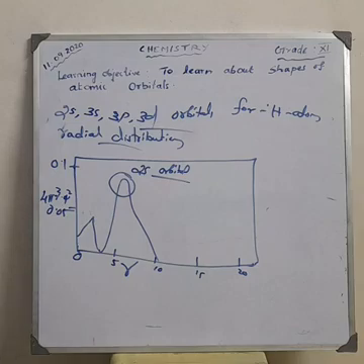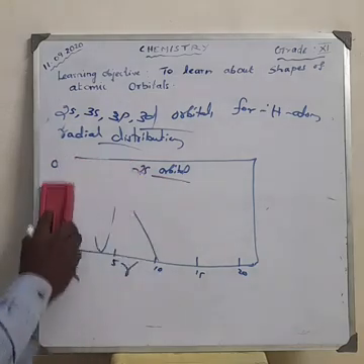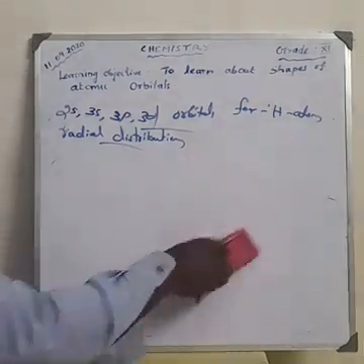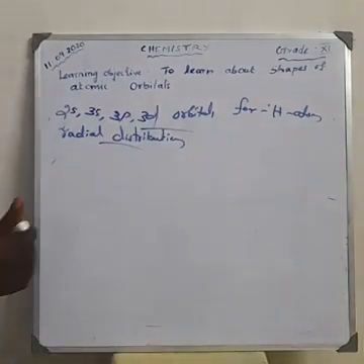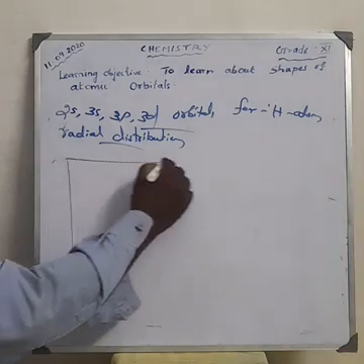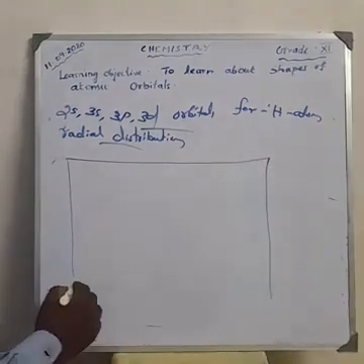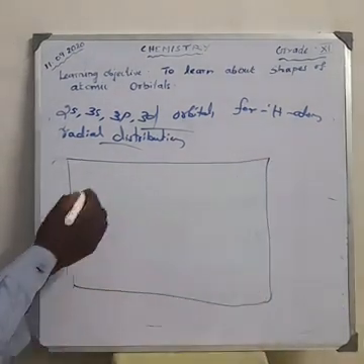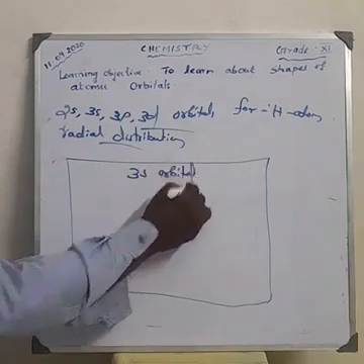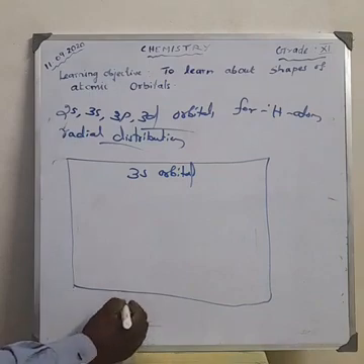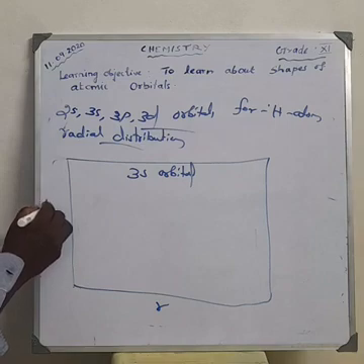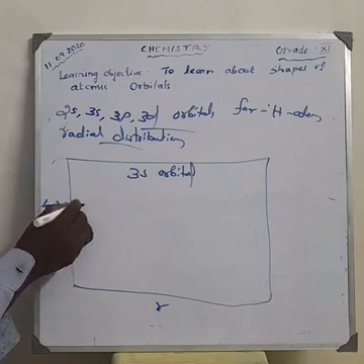Next, the graphical representation for the 3s orbital. On the x-axis we take r, and on the y-axis the same, 4πr²ψ².